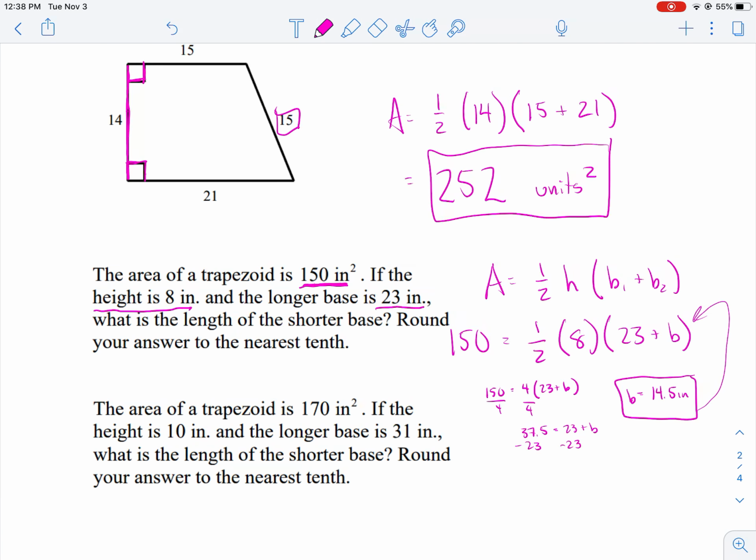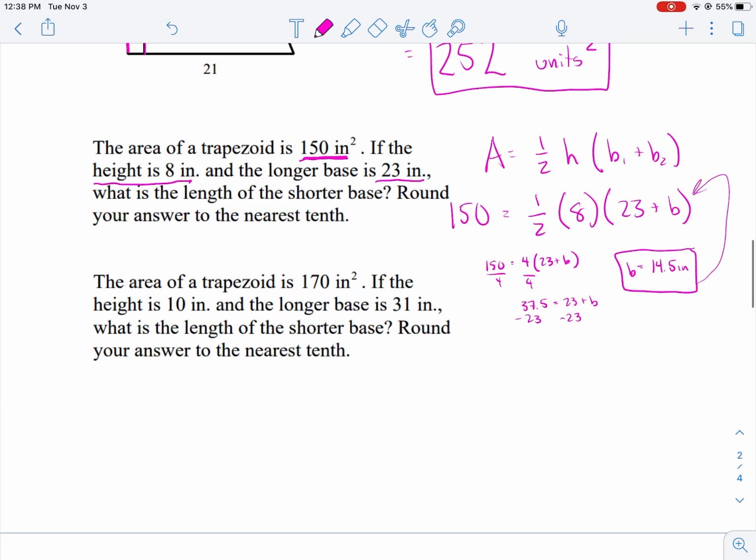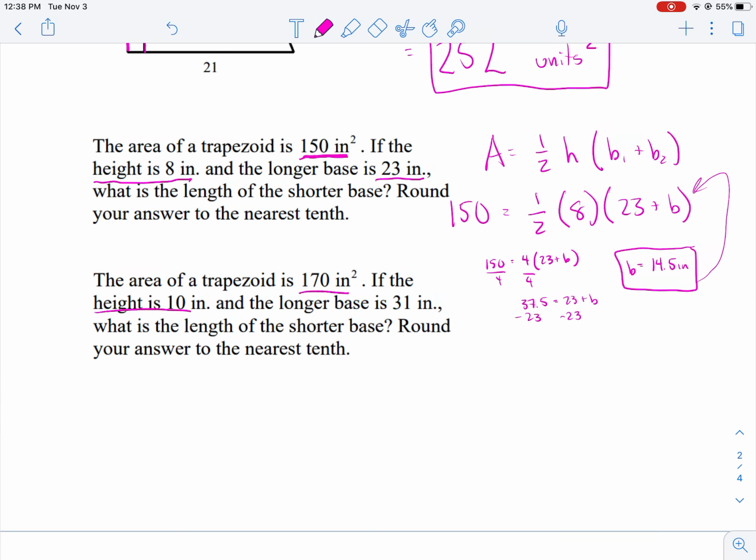Okay, so look at the last one. The area, so this looks like the same problem. They give us the area, they give us the height and one of the bases, and it's up to us to find the other base.